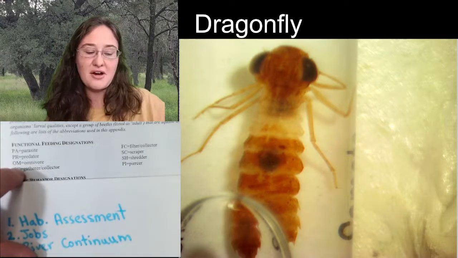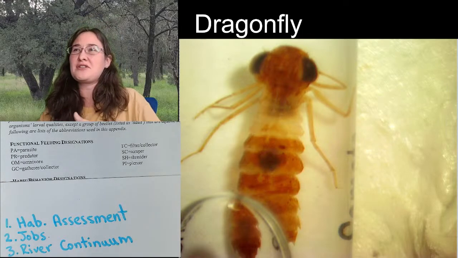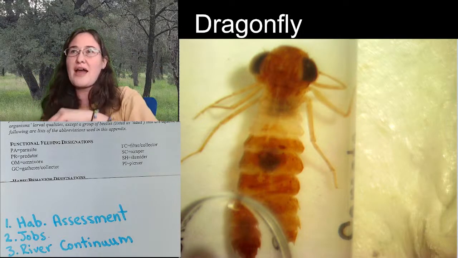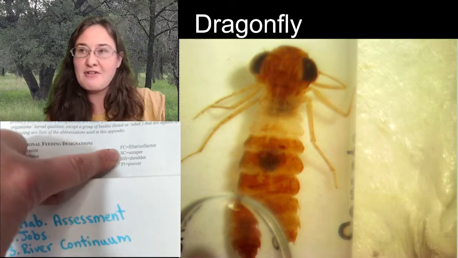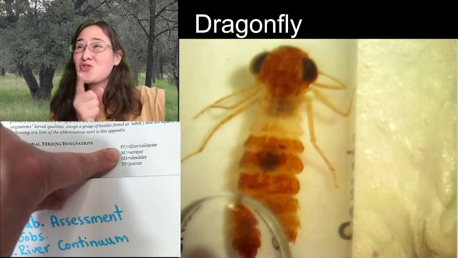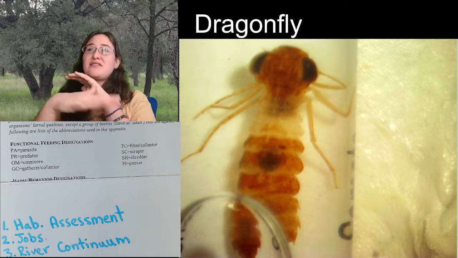So those are our collector gatherers. A lot of times they're going to be on the ground, but not as much on the rocks, because we also have our scrapers, and scrapers are normally on rocks rather than just on the substrate.